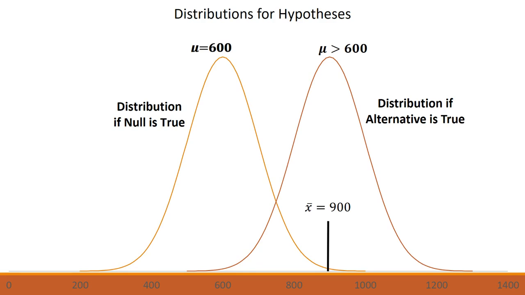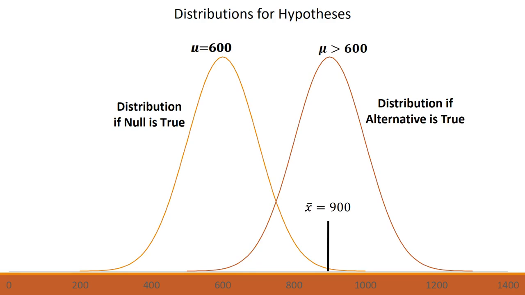If our value is really extreme, then we will reject our null hypothesis. We will conclude that our null hypothesis is not correct.